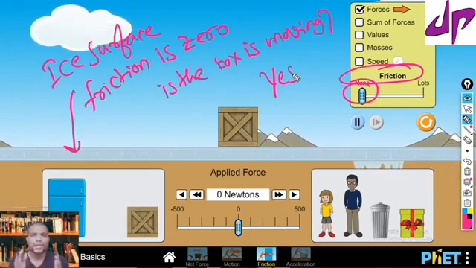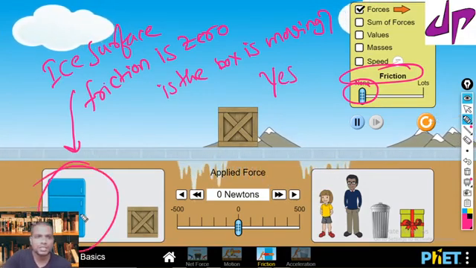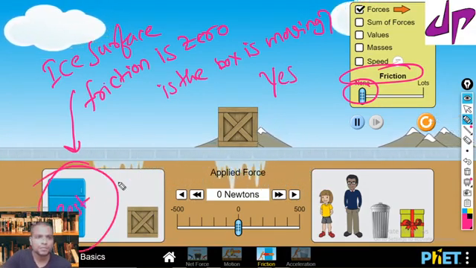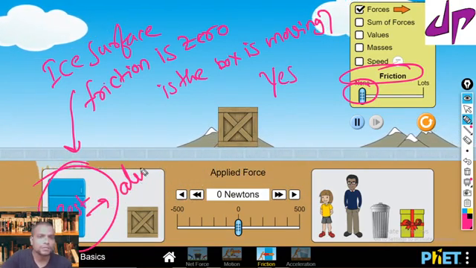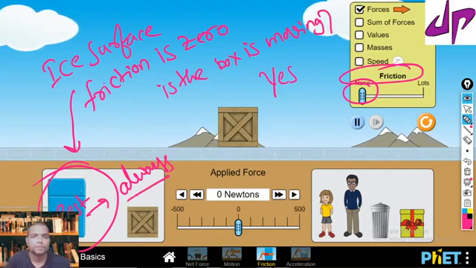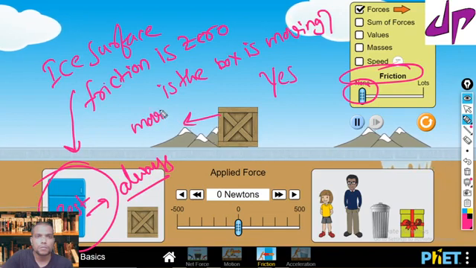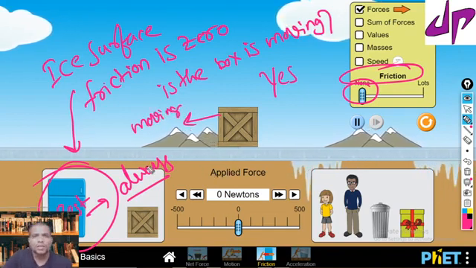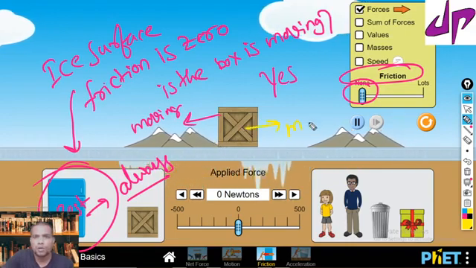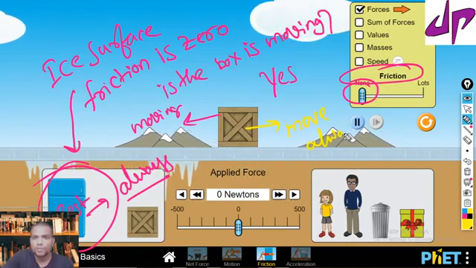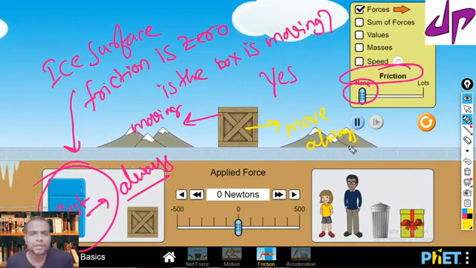Again I am telling, if any object is in the state of rest, suppose this fridge is in the state of rest, this fridge wants to be in the state of rest always. Now this box is moving. If it is moving, it wants to move always. So that is what was observed by Newton.